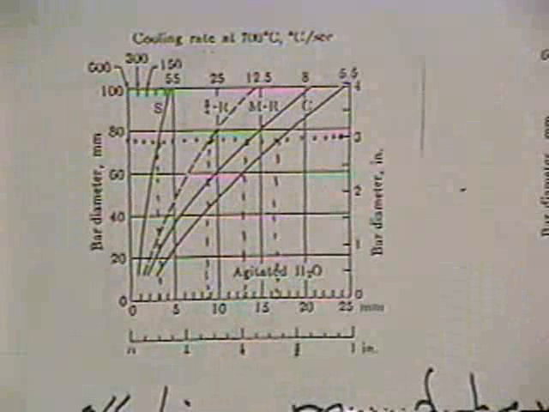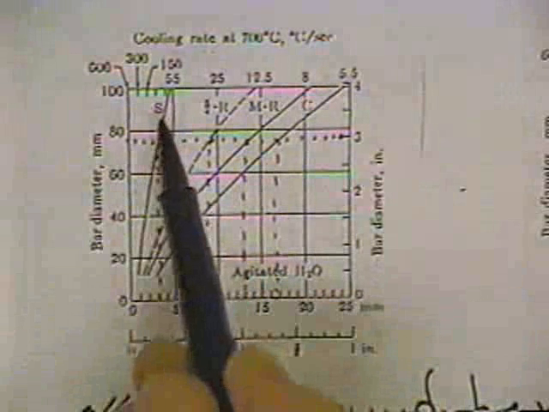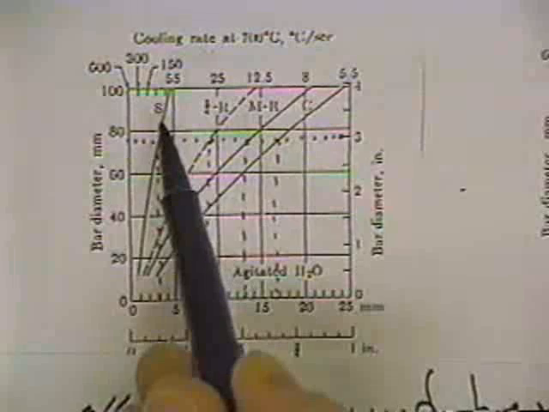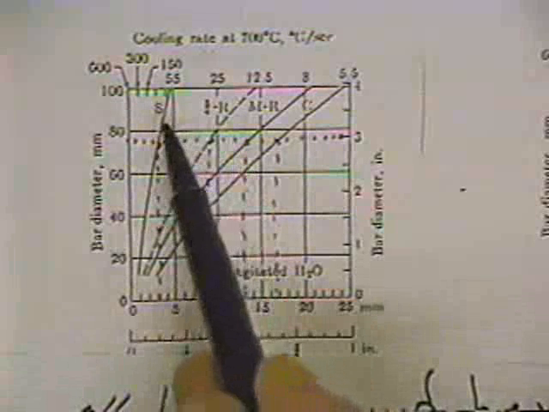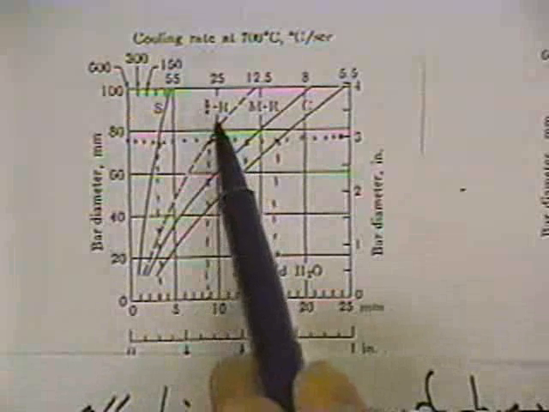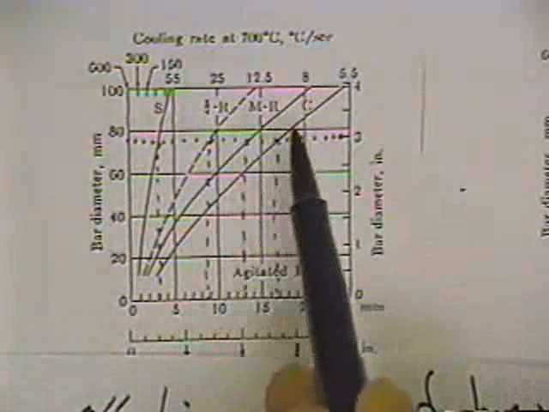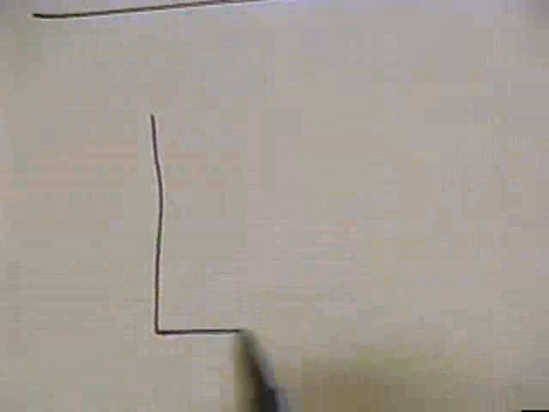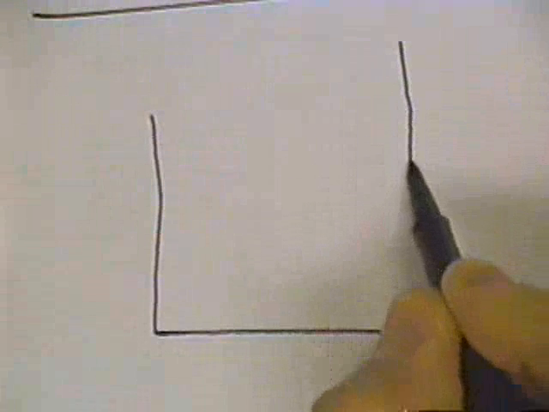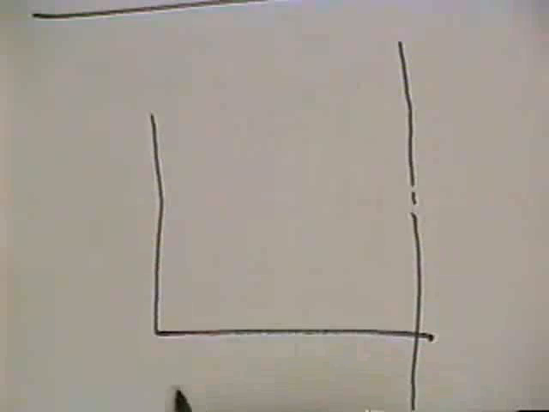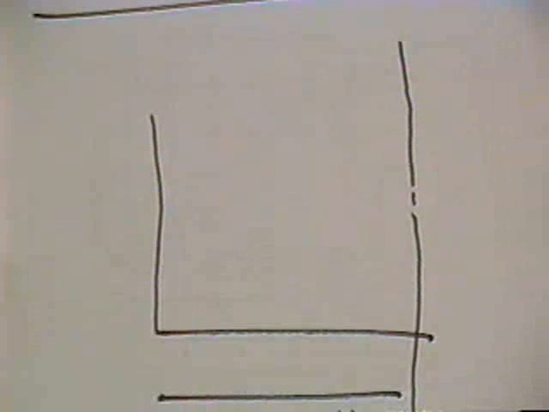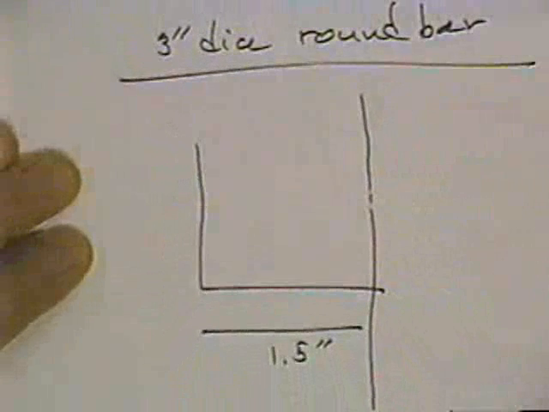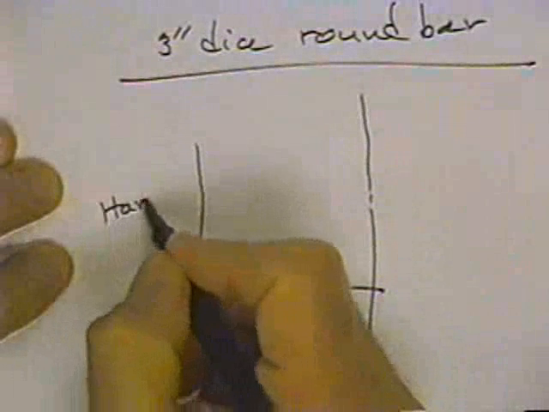And what this tells us now, this is the temperature at the surface, hardness at the surface, cooling rate at the surface. This is at the 3/4 radius, this is at the mid radius, and then this is at the center. So what we're going to be able to plot here will be the hardness on this 3-inch diameter rod for 1.5 inches, and you would expect it to be symmetrical about this.